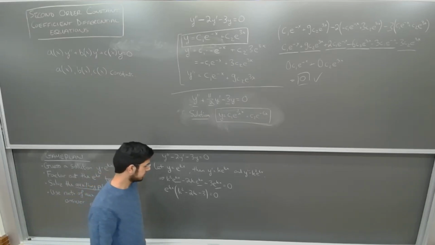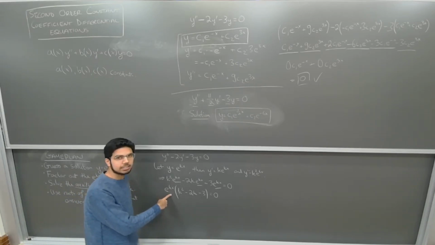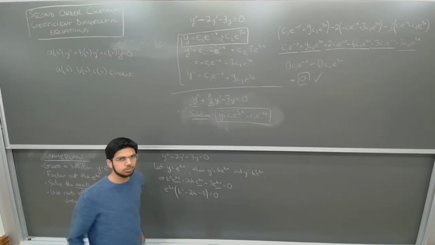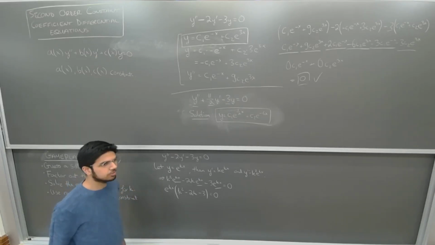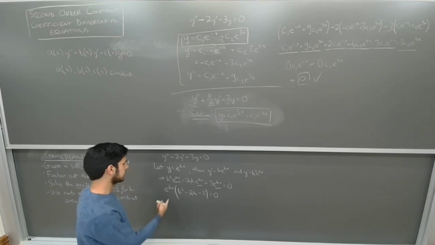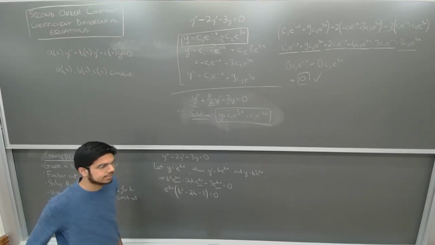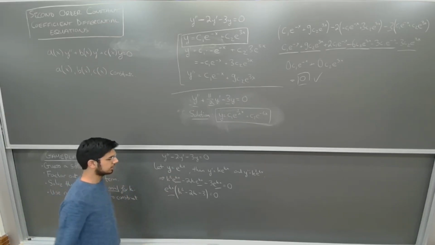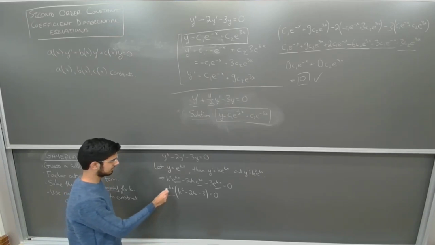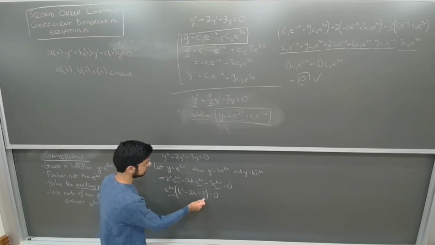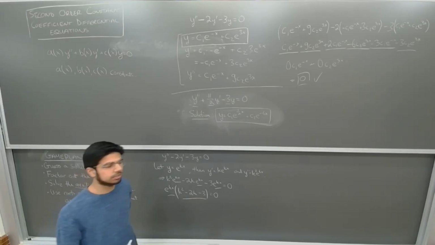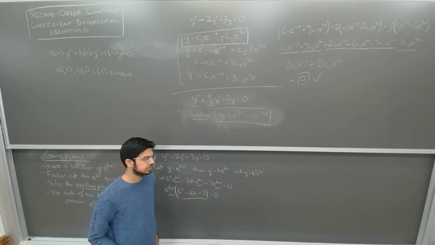Well, we can argue that that means either e to the kx equals 0 or this polynomial equals 0. Well, we should know from functions of these exponentials e to the kx that this is never equal to 0. So in fact, e to the kx will never be 0. That must mean that it's k squared minus 2k minus 3 that's equal to 0.